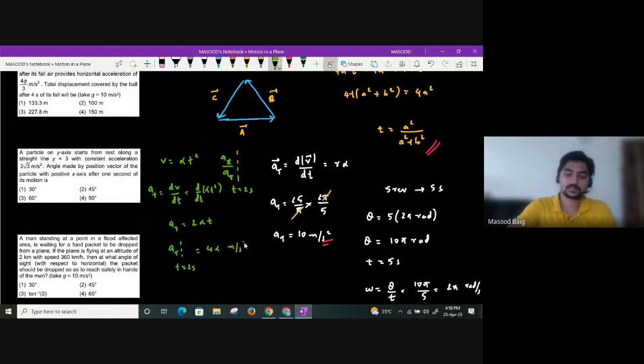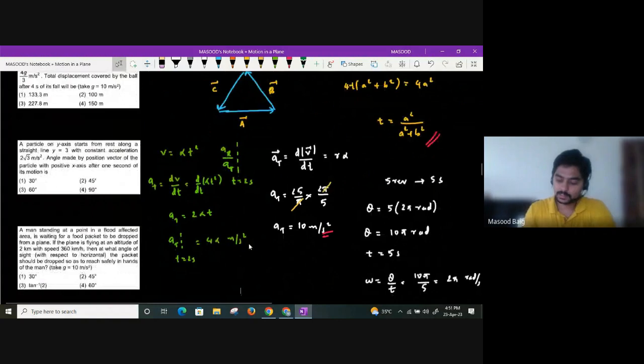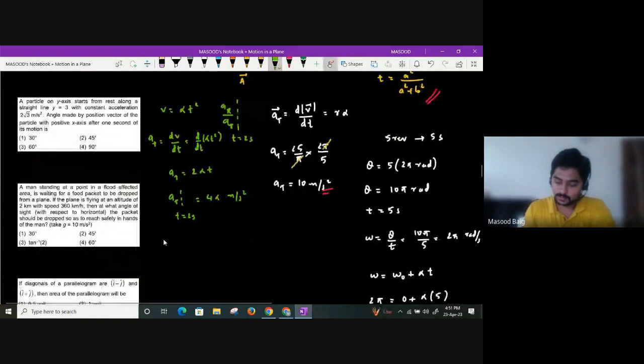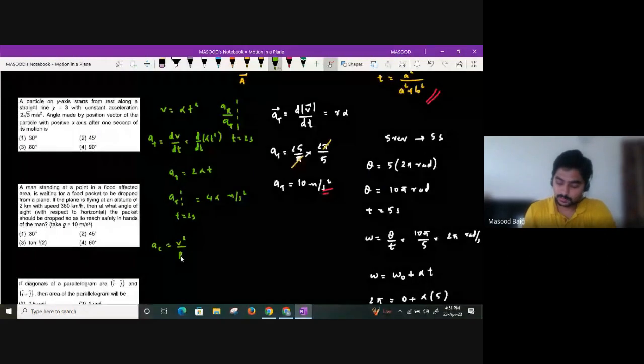Similarly, what will be centripetal acceleration? Centripetal acceleration is always given as v square divided by r. So if I want to find centripetal acceleration at t is equal to 2 seconds, you will get v value as 4 alpha, whole square divided by 2. So 16 alpha square divided by 2, which is 8 alpha square meter per second square, guys.